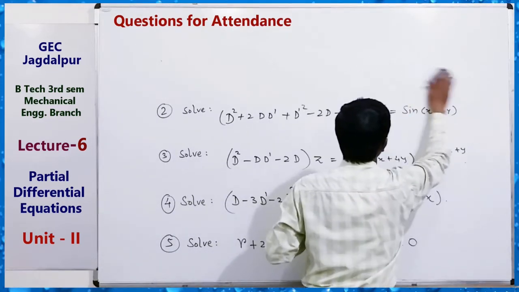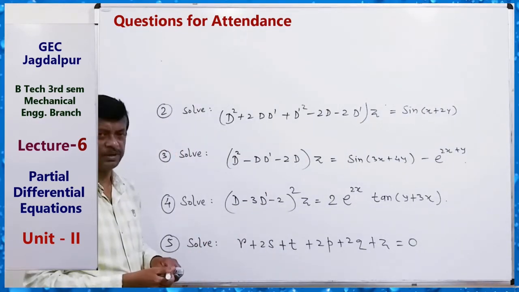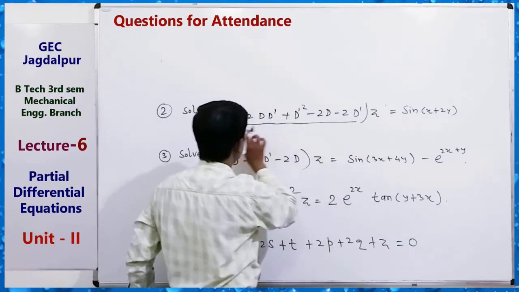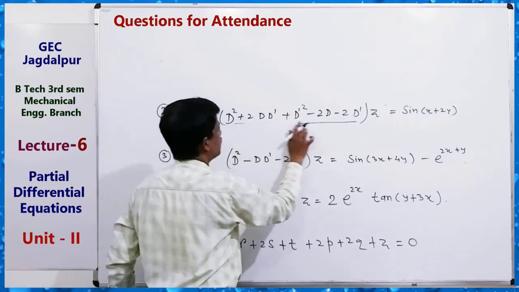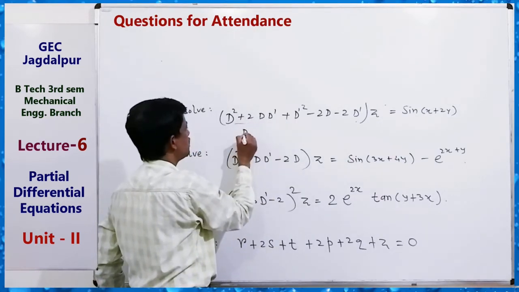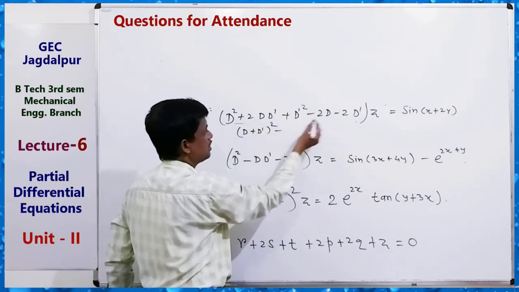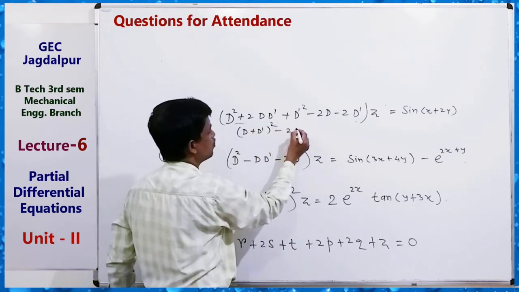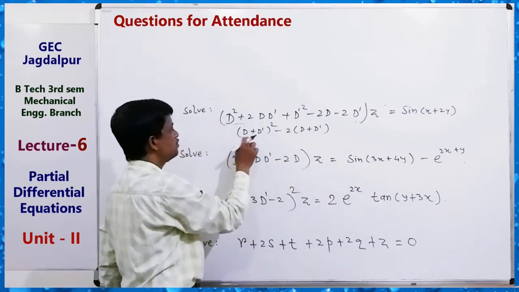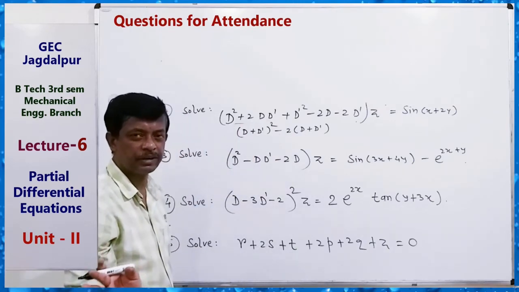Now question second can also be solved very simply. You have to first factorize it, because what is this? D square plus 2 D D dash plus D dash square means D plus D dash whole square. And minus 2 common, D plus D dash. So D plus D dash square, D plus D dash common, then you can get the factorization.